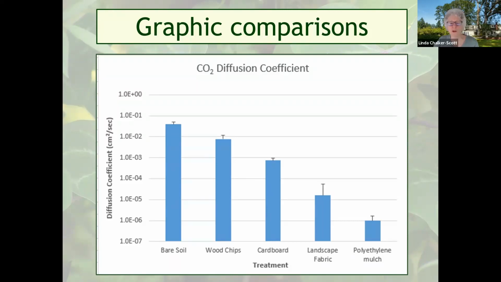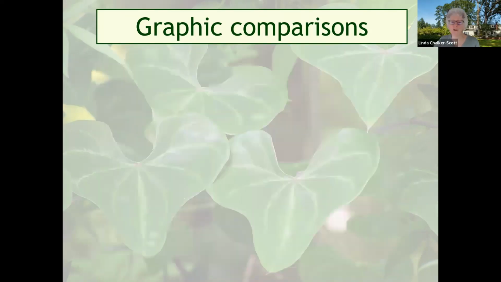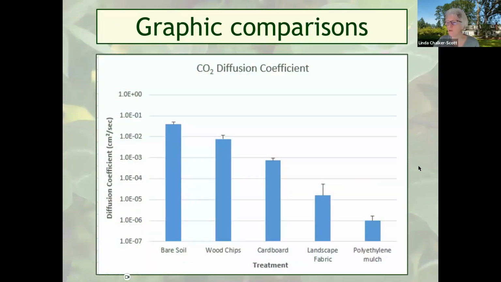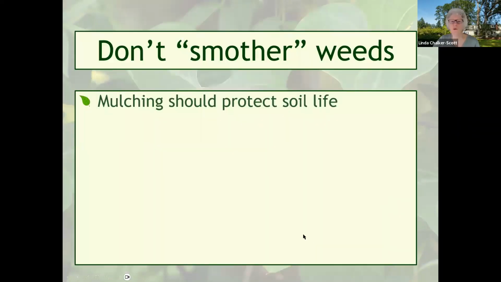So this is really useful information for gardeners because it tells you exactly what you should do in terms of really maximizing soil health. So I talk to people about why they use cardboard or these other things, and they always say, I want to smother weeds. But smother is a really bad verb to use when you're talking about soils because everything in the soil needs oxygen.